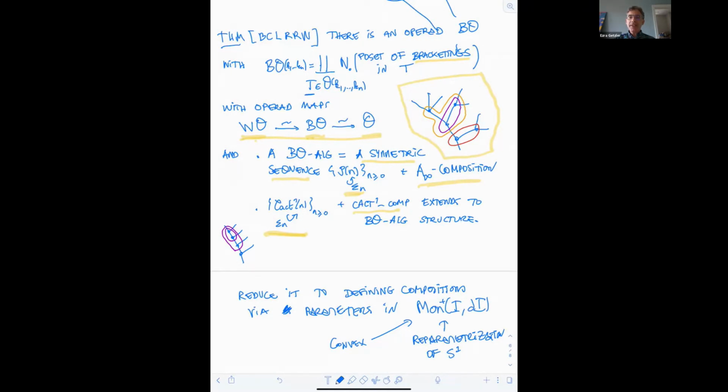So it's just the simplicial resolution coming from the monad whose algebras are colored operads.